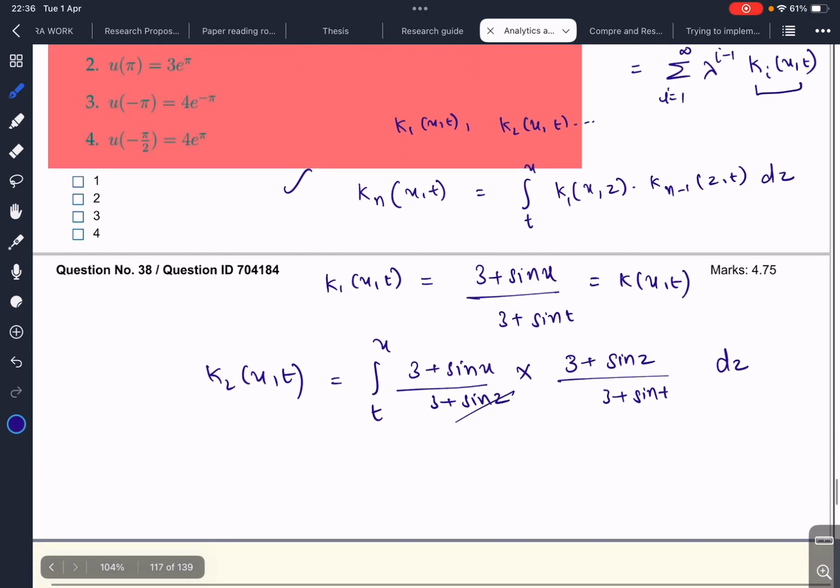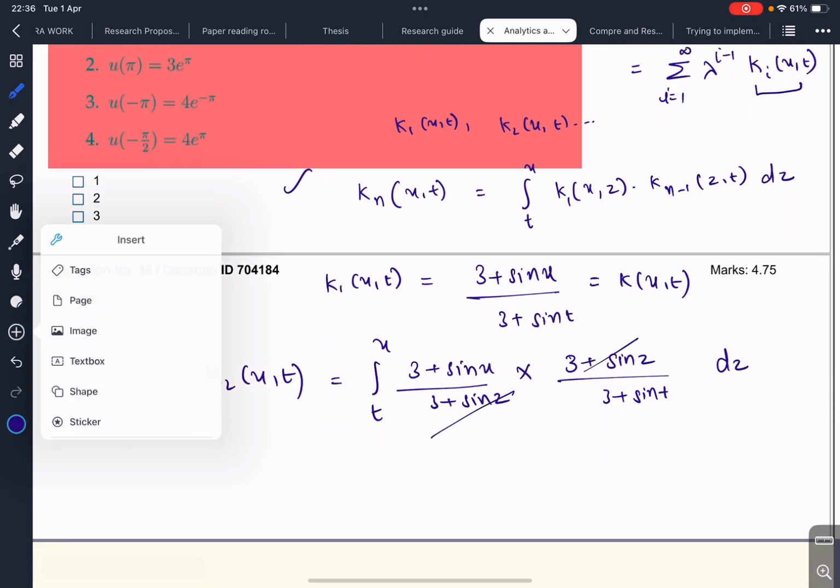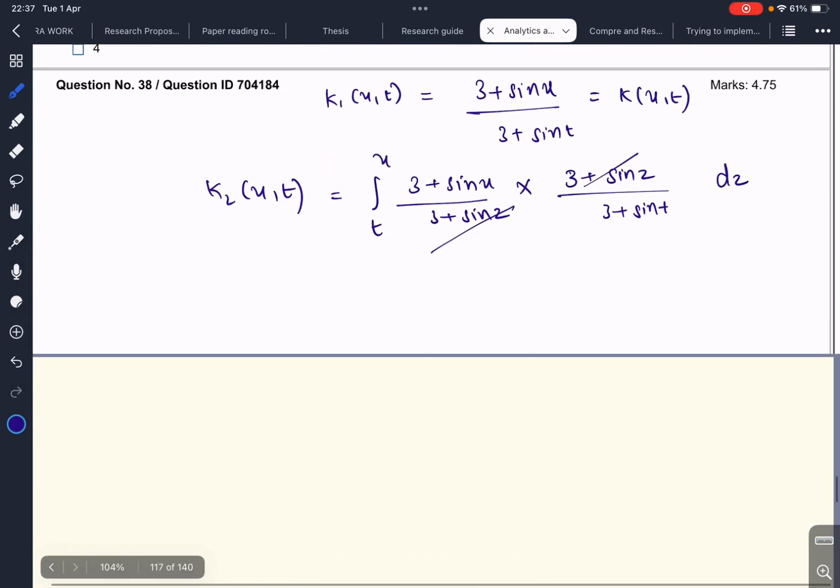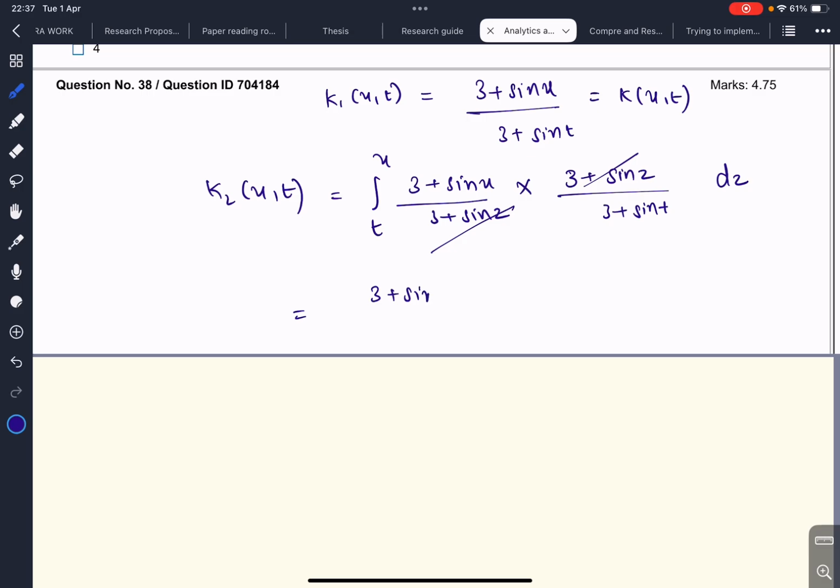Now this will be cancelled out, so you will see this is nothing but 3 plus sin x upon 3 plus sin t, which comes outside of the integral, because the integral is in the variable z and the value of the integral will be z from t to x, so it becomes x minus t when we put the values. So this is K2(x,t).